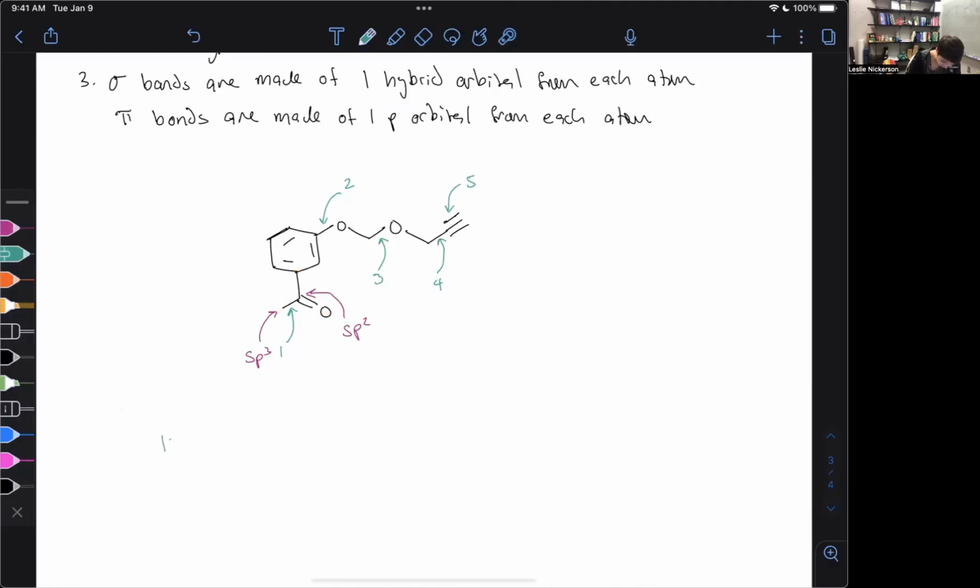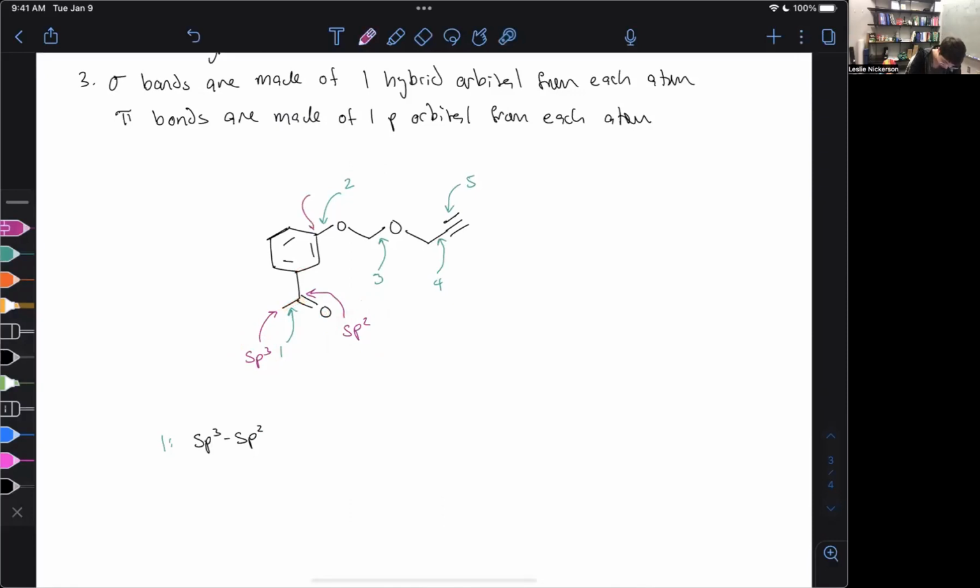So for one, that's going to be an sp3 to sp2 overlap, because this is a sigma bond. Okay, so it's made by hybridized orbitals. The only hybridized orbitals present on an sp3 and an sp2 atom respectively are sp3 and sp2 orbitals. Okay, all right, so let's look at 2.